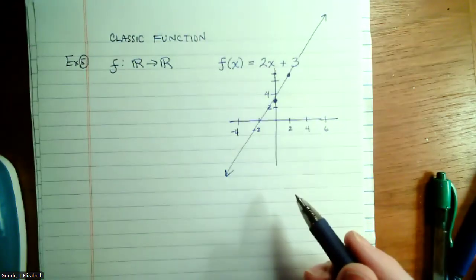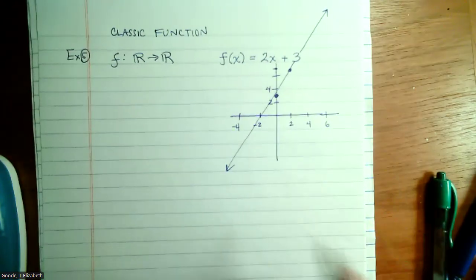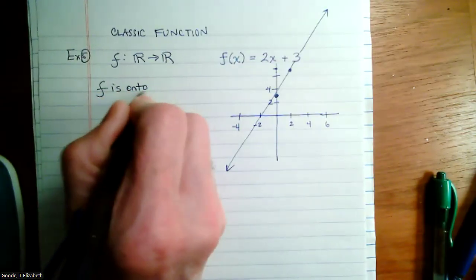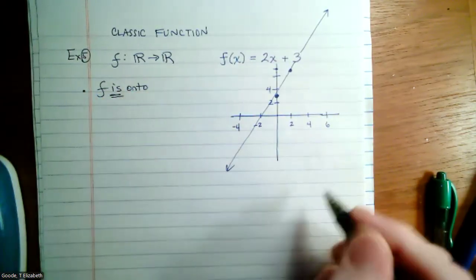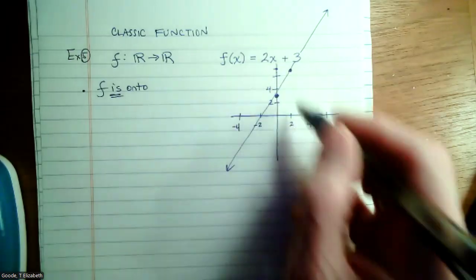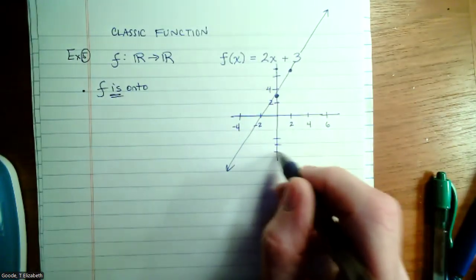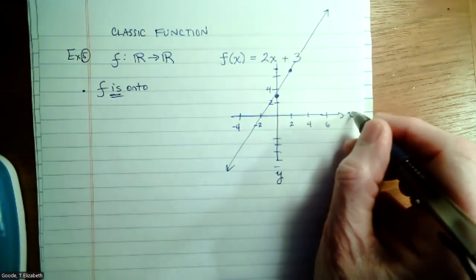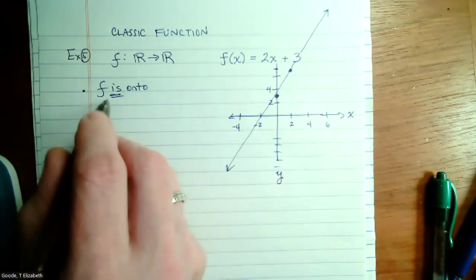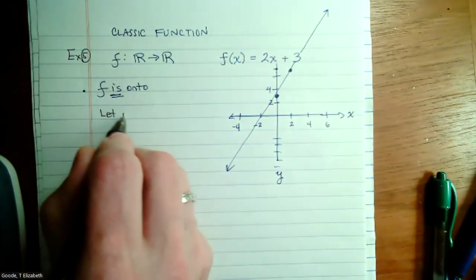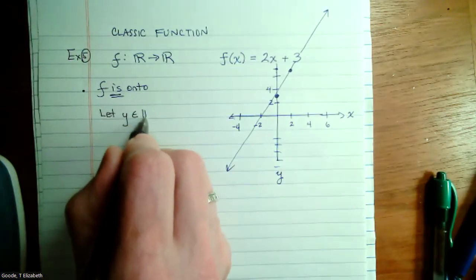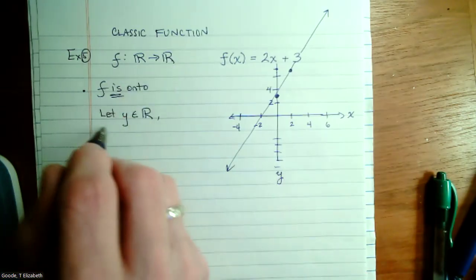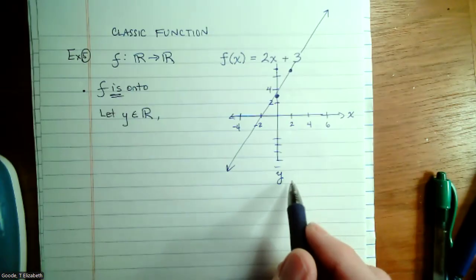And it's definitely onto, because if you pick any y value, the y values are here on the up-down axis, the x values are on the horizontal axis, if you pick any y in the codomain, we can find an x that will map to that y.